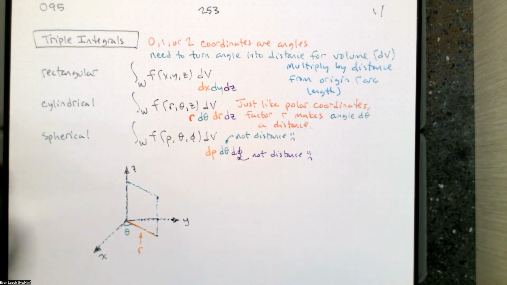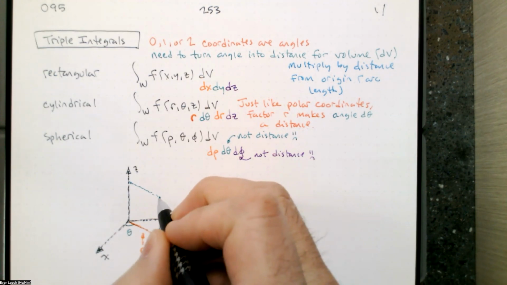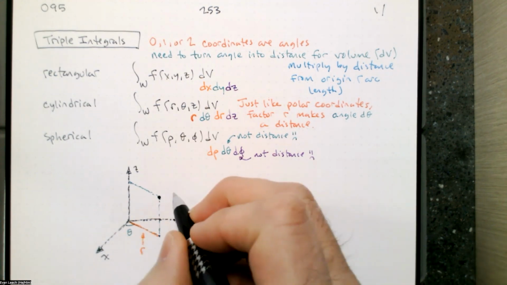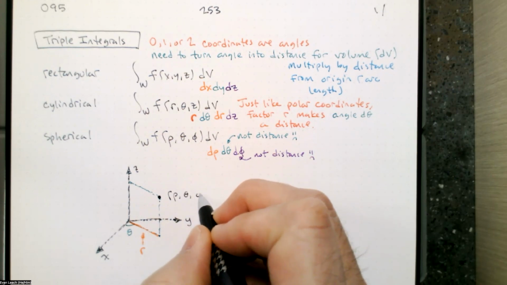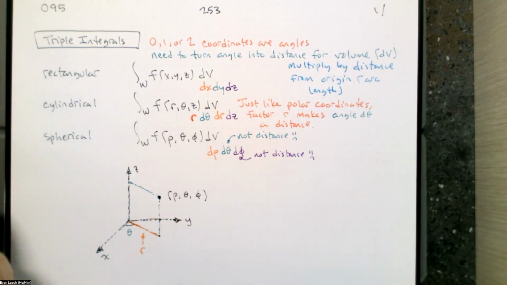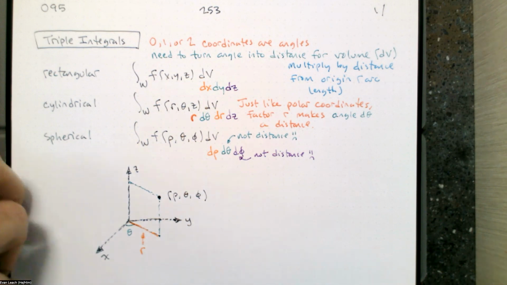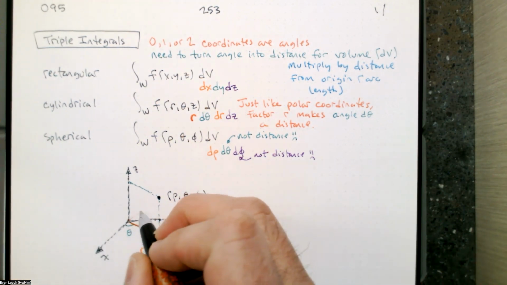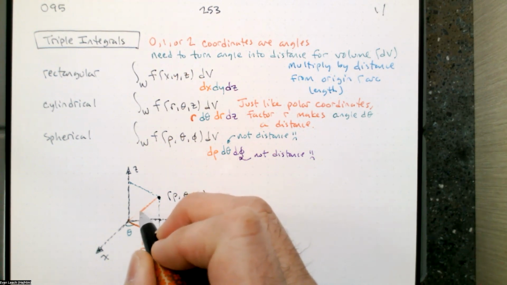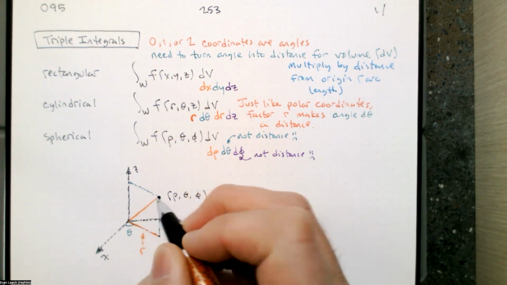So here's a point at rho, theta, and phi. Rho is going to be this distance from the origin to the point. This is the only distance that we have.